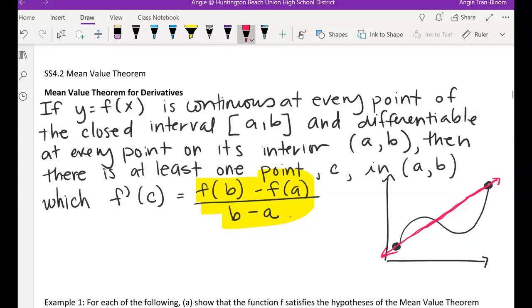Then the theorem says, if it's continuous and closed, and it's differentiable everywhere from A to B, non-inclusive at A and B, then you are guaranteed to have at least one point somewhere in between. What does this right here mean? The derivative is equal to that same slope.